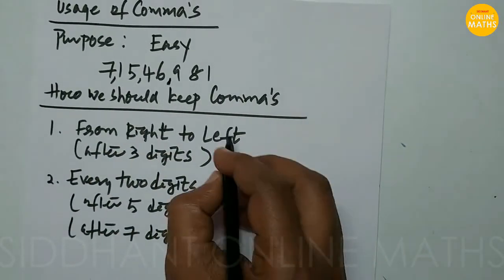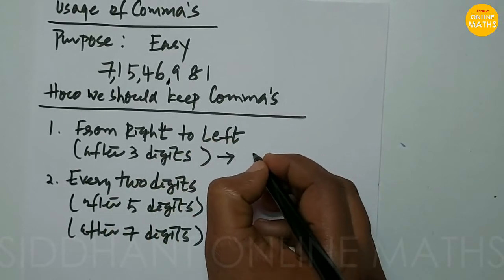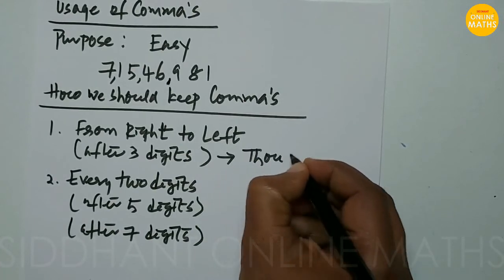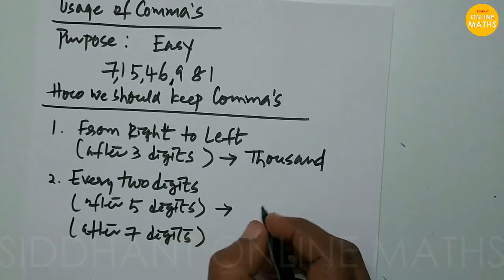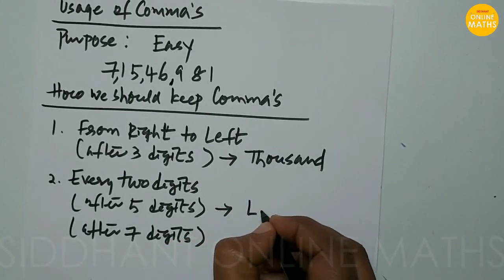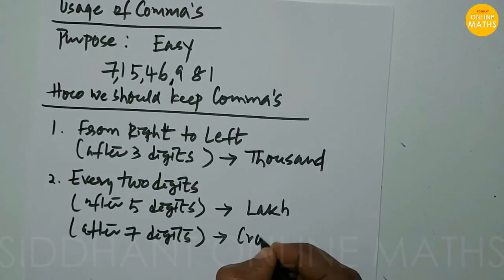After the first 3 digits, we know it is the thousands place, so read as thousand. After 5 digits, it will be read as lakh. And after 7 digits, the number will be read as crore.